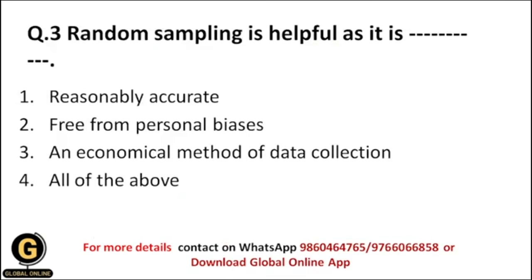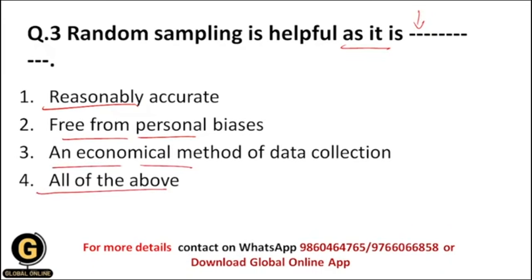Okay, next, random sampling is helpful as it is dash. So why is the random sampling design helpful? Because it is reasonably accurate, because it is free from personal biases, because it is an economical method of data collection, because all of the above.